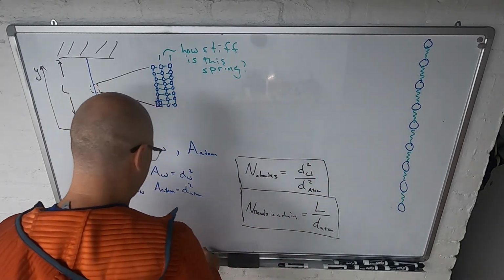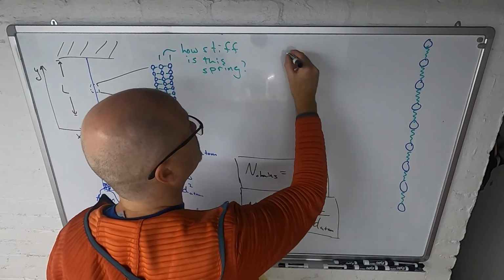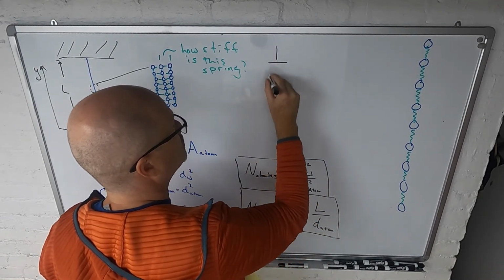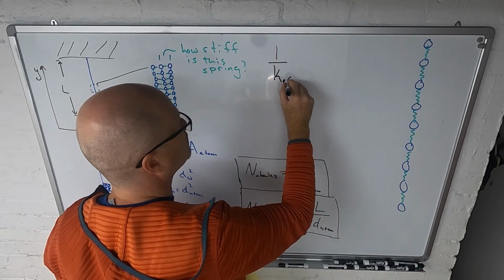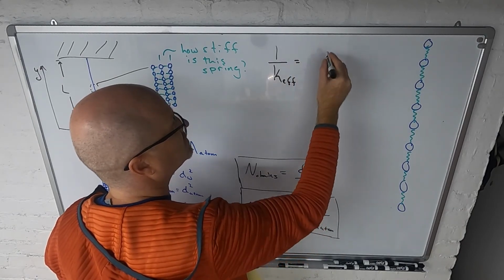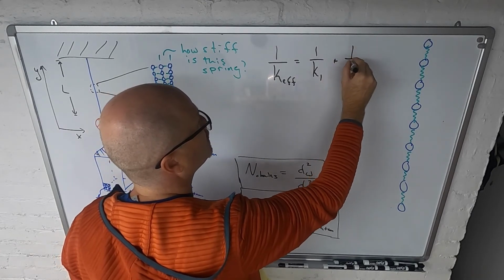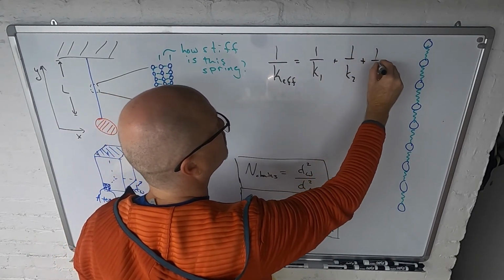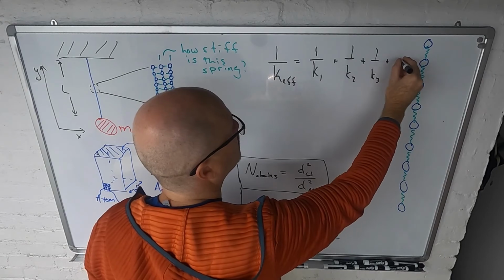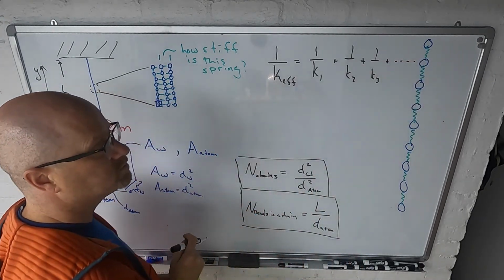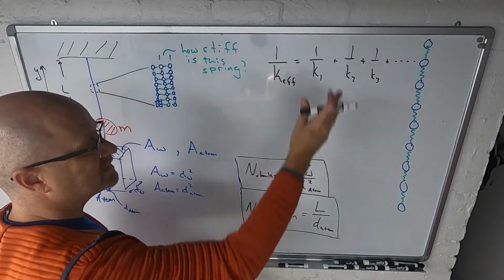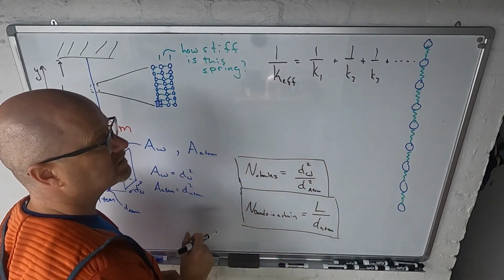And so what we know, if we have springs in series, is that 1 over K effective is equal to the sum of all of my 1 over K's: 1 over K1 plus 1 over K2 plus 1 over K3 plus dot, dot, dot, forever. But I know exactly how many bonds I have.